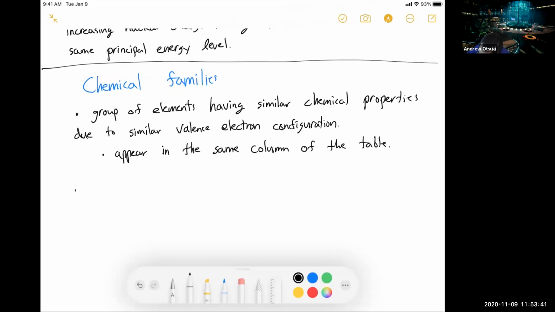First, we're going to talk about alkali metals. They're the very first column on the left of the periodic table, belonging to group 1A/1.